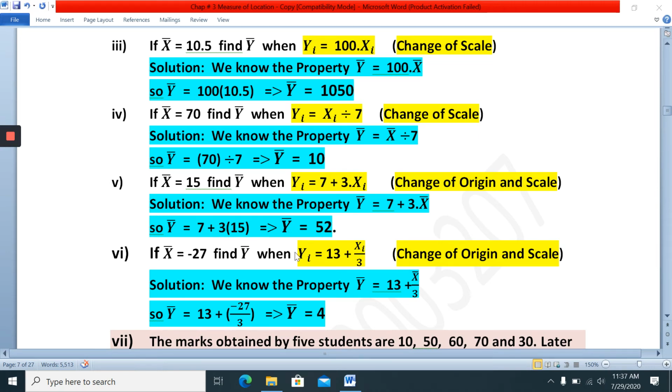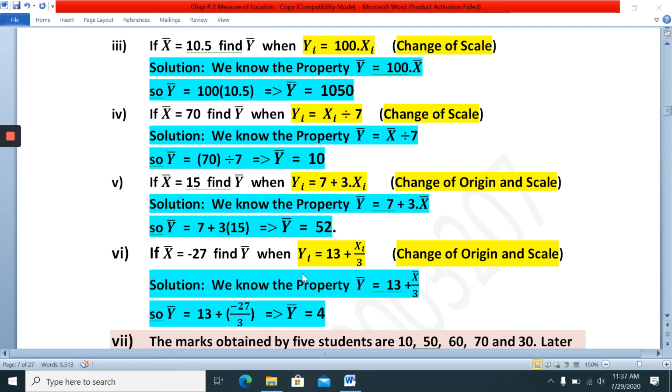Y bar answer is 52. If x bar is equal to negative 27, find y bar when yi is equal to 13 plus xi divided by 3. Multiply and divide are both change of scale property. Addition and subtraction is change of origin. Now this is change of origin and this is change of scale. Divide is also change of scale. So change of origin and scale.